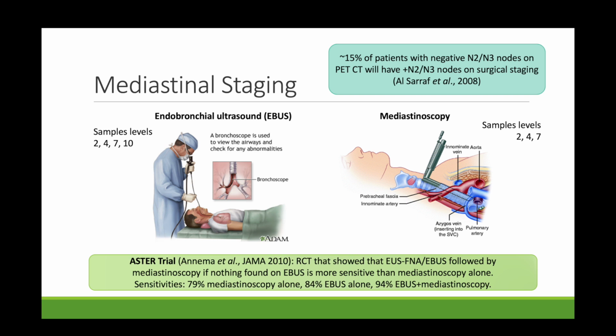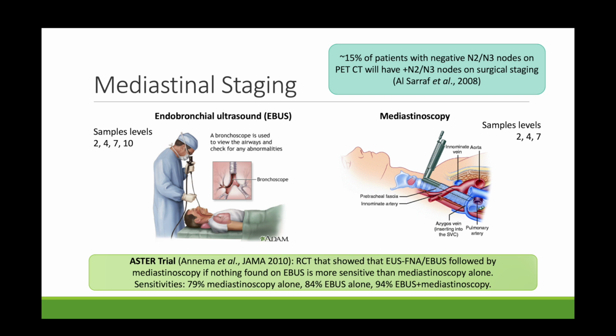So one method is to do an endobronchial ultrasound, and this is usually done by a pulmonologist or an interventional pulmonologist, but a bronchoscope is used to take a look at the airways and visually assess for any abnormal looking lymph nodes using ultrasound. And anything that looks abnormal, the pulmonologist can perform a fine needle aspiration and sample some levels.